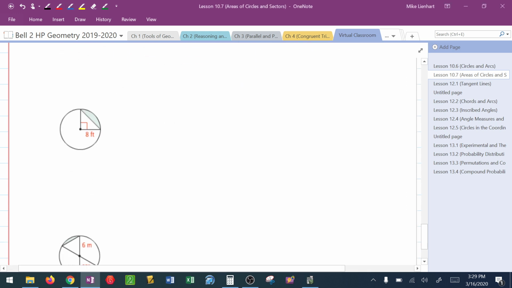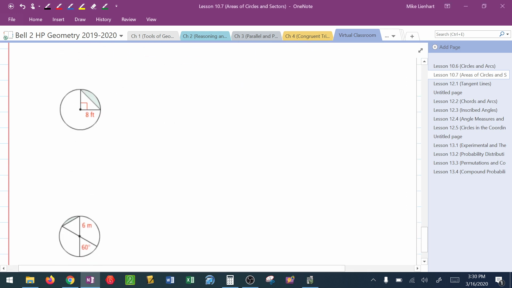All right, so let's look at this second one. I know in order to find the area of a segment, I need to take the area of the sector and subtract from that the area of the triangle. Okay.